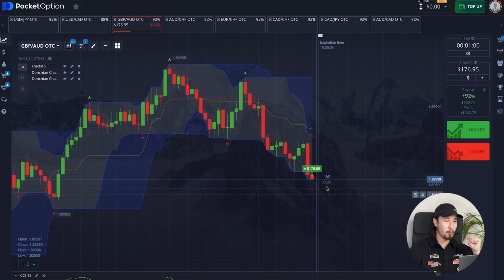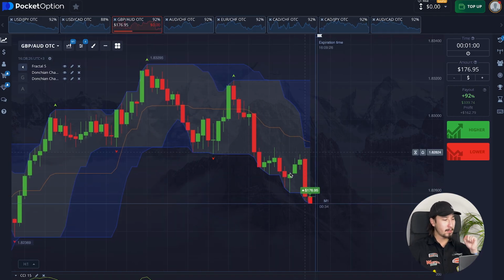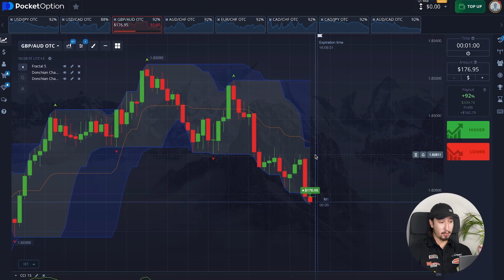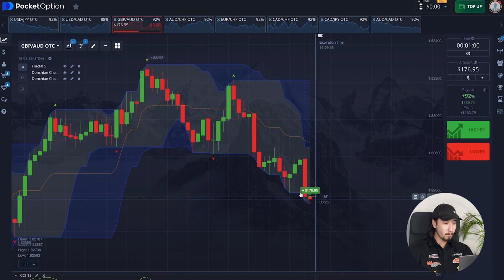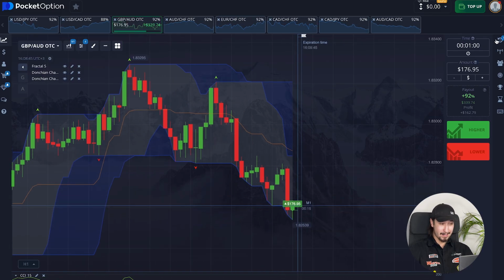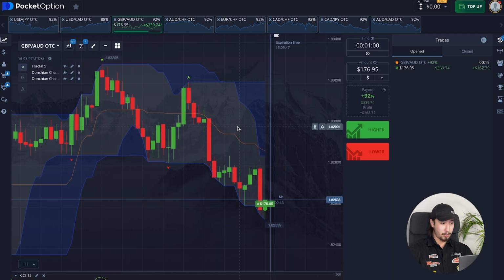You can see that it was quite sharp, and there was a touch of two lower sliding lines of the channel indicator and also the oversold area. So yeah, and also oversold area again. There is a touch of this area, and I think there should be an exit, right? We're watching the results and waiting for it.